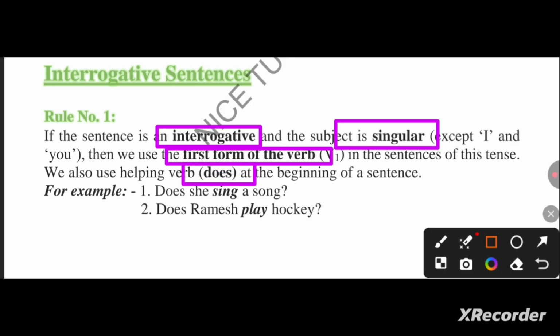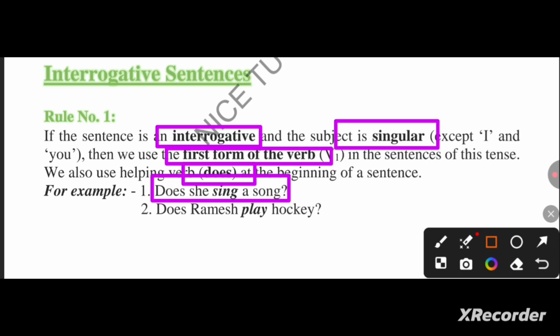Again, the same thing we must keep in mind: the condition is that the subject should not be I and you. Except these two subjects, we have to use only the helping verb does at the beginning of a sentence. For example, does she sing a song?